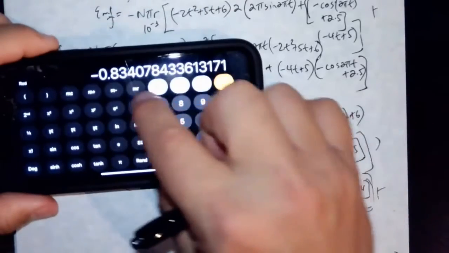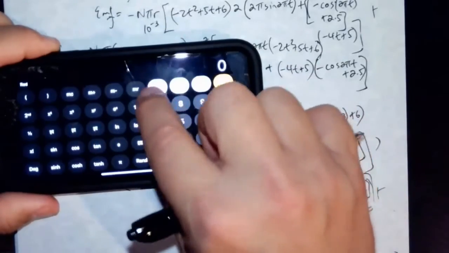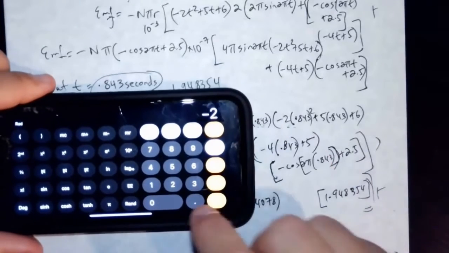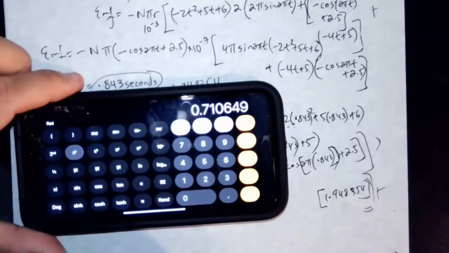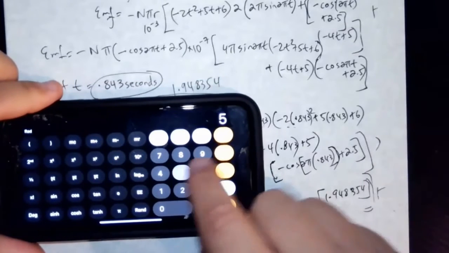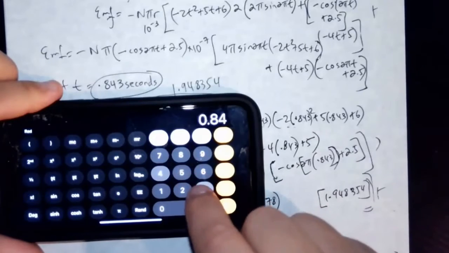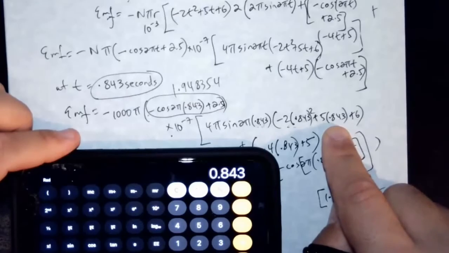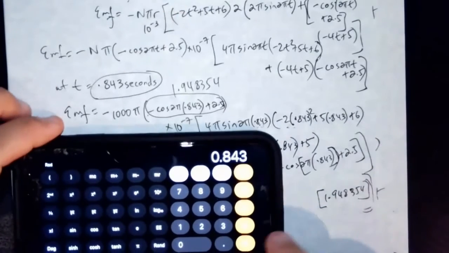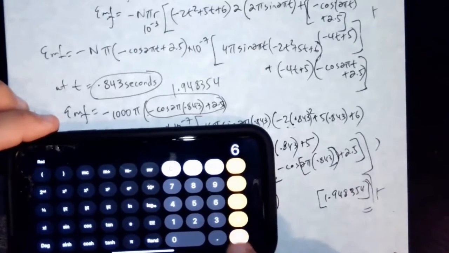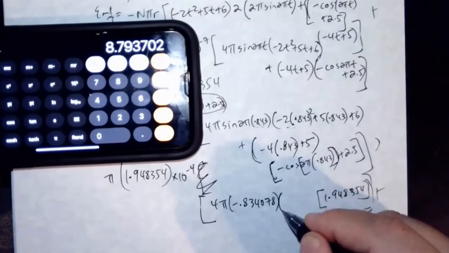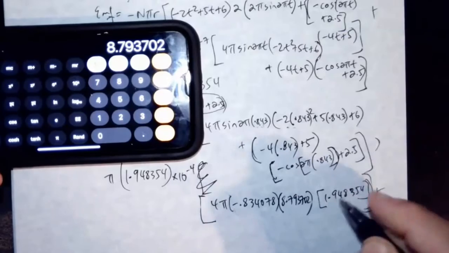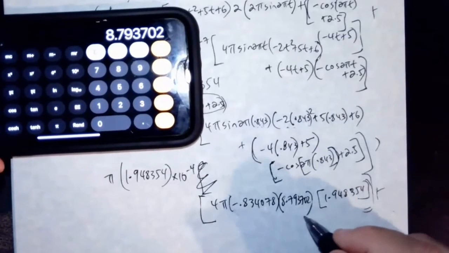And now this guy, negative 2 times 0.843 squared plus 5 times 0.843, plus 6. So then that was times this, 8.793702. So that's that.